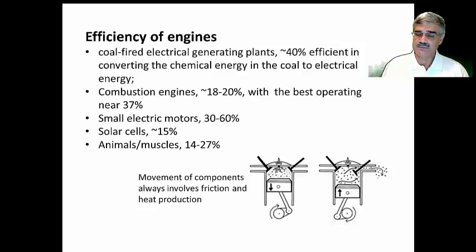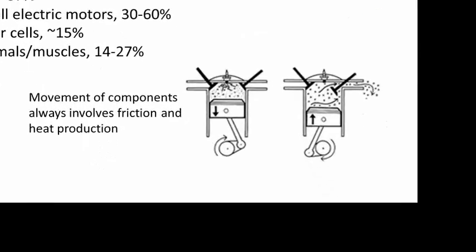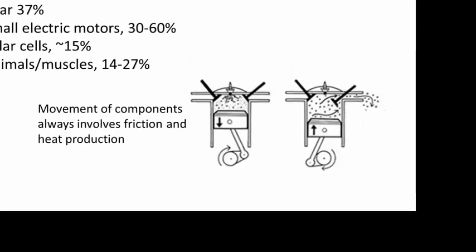Solar cells are about 15% efficient, and the muscles in our bodies are about 14 to 27% efficient in converting chemical energy from our fuel molecules to mechanical energy through movement of our muscles. Why? Well, of course, because anytime we have components moving past each other, there will be friction, production of heat, which is just one way of explaining the consequence of the second law.